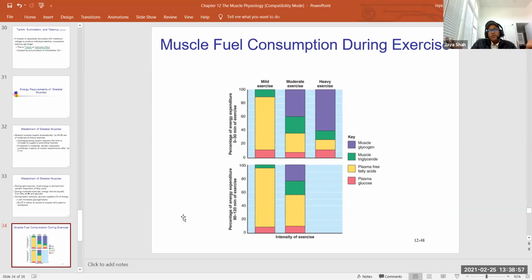What is the difference between a person who exercises and who does not? When you exercise, you don't increase the number of muscle cells. You increase the amount of protein, which is actin, myosin, troponin, and tropomyosin. So you increase the bundle of myofibrils inside your cell, and that's why your cell size becomes bigger. That's how your muscle hypertrophies and you develop a stronger muscle.